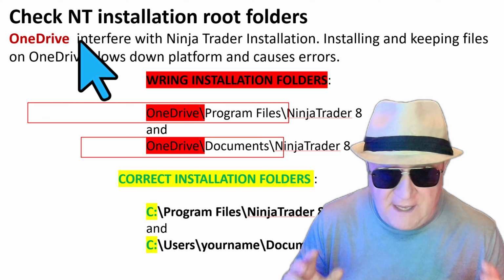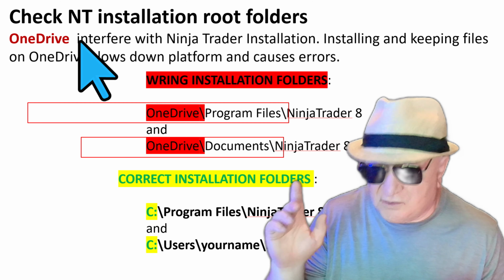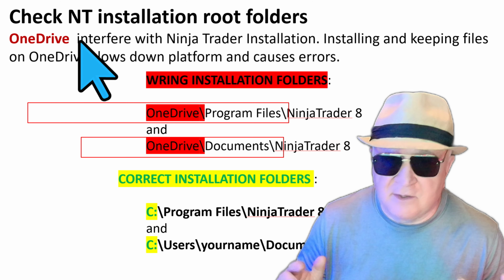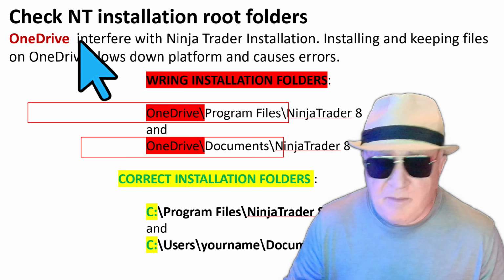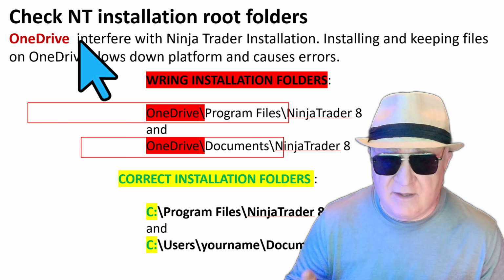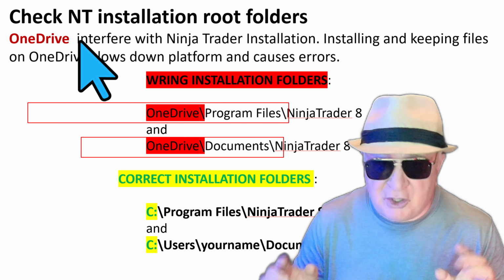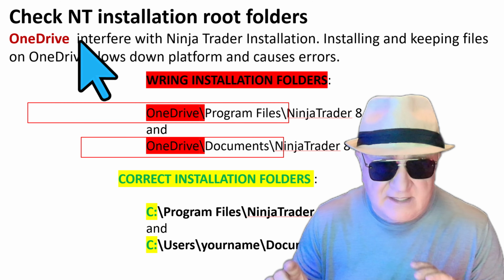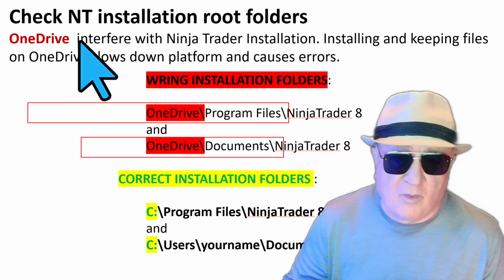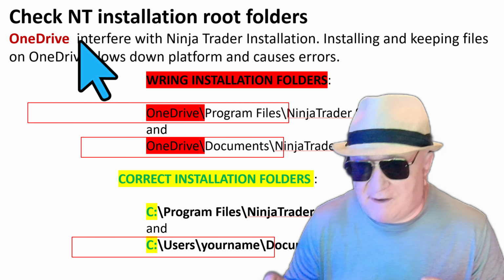If that folder is also on OneDrive, then you will have a delay in NinjaTrader performance. Many people don't know that their errors will be instantly gone when they simply discover the root folder where the Ninja platform is installed and the second folder where NinjaTrader keeps its files.